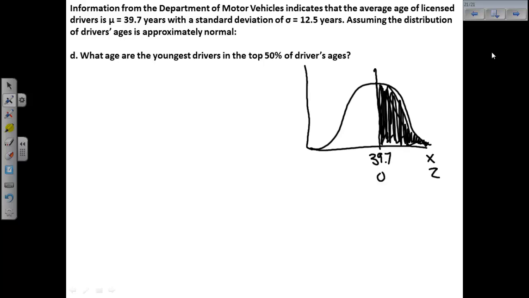Well, I can look at this and already know that that is 39.7 because the mean is in the middle. It represents the midpoint, so 50% above, 50% below. Remember, the mean equals the median in the normal distribution. But I can confirm this with the unit normal table.